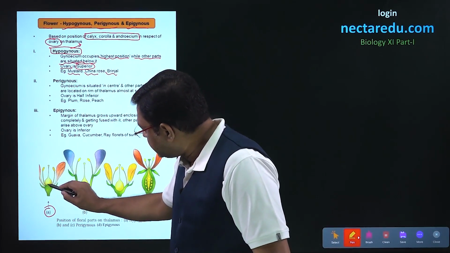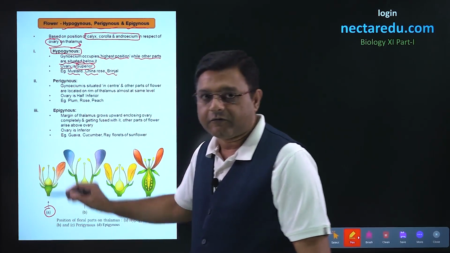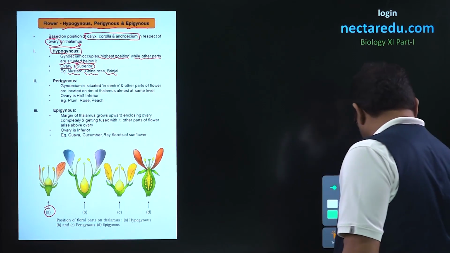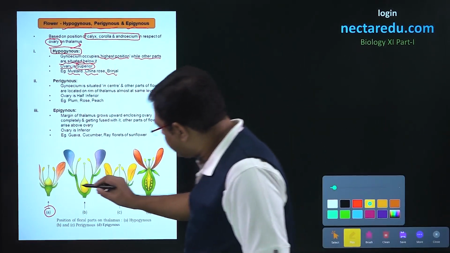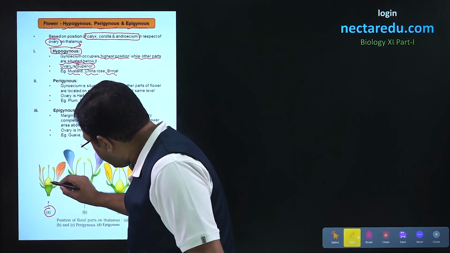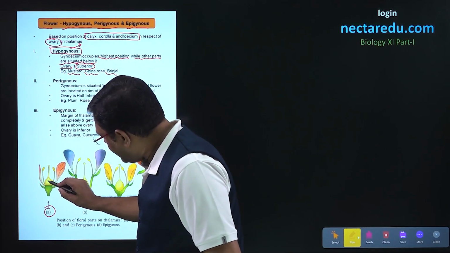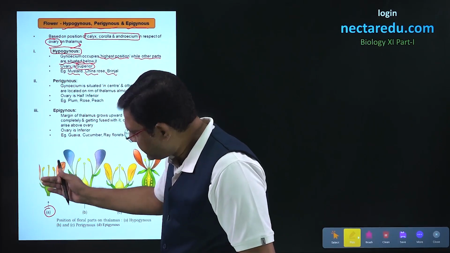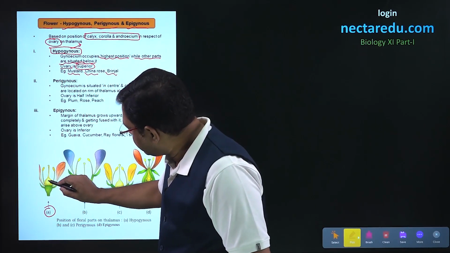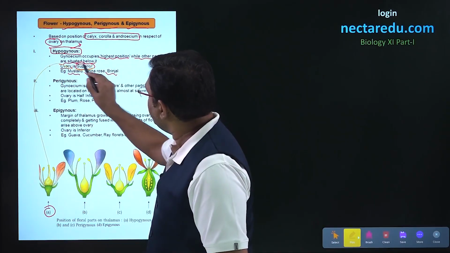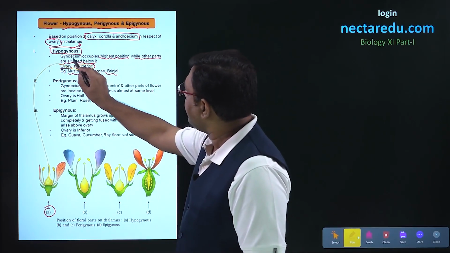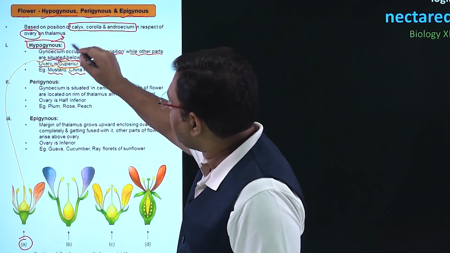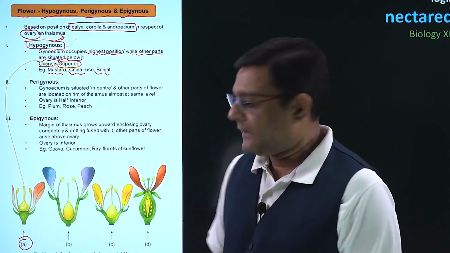On this thalamus, these different whorls or floral appendages have come out, and the middle yellowish part is the ovary. We can see that the ovary is on the top and all the remaining structures are present below the ovary, and that is why we are saying that the ovary is superior, the gynecium occupies the highest position, and the condition is hypogynous.